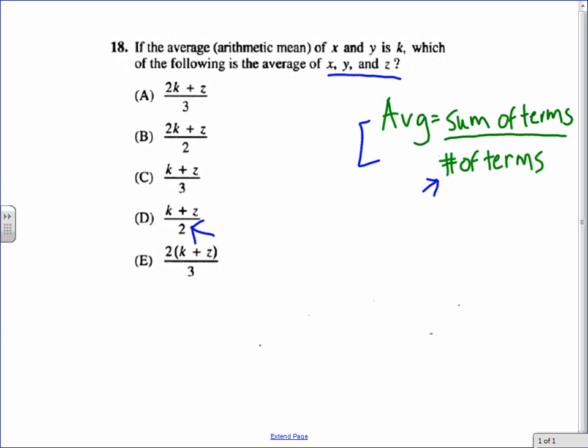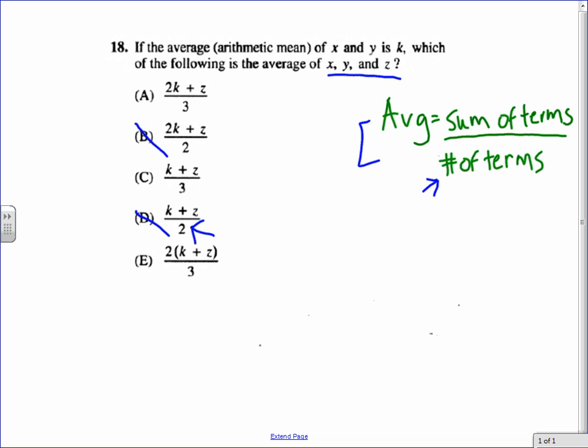So you can get rid of the answer choices that have 2 in the denominator. This is a great example of a question where you should guess, even if you don't fully comprehend what's going on. But let's see what we could do to be sure we had the right answer.